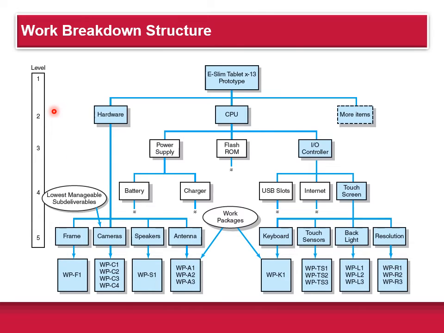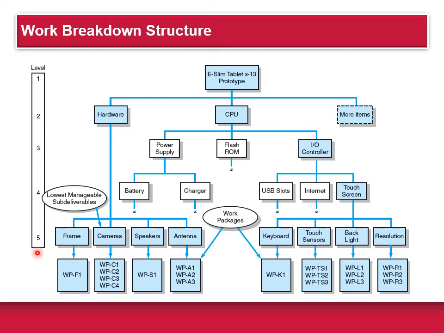So let's take a look at a simplified work breakdown structure to develop a new prototype tablet computer. At the top of the chart, level 1, you can see the project name. It's eSlim Tablet X13 prototype. That is further broken down into sub-deliverables at levels 2, 3, 4, and 5.